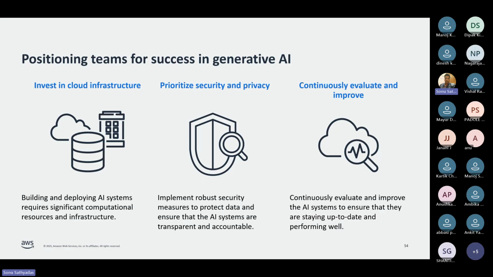Positioning teams for success in generative AI also means investing in infrastructure, because for building generative AI solutions, we need huge computational power. For example, for fine tuning these models, we need GPU or NPU based systems. GPU based systems are very costly and it is very difficult to implement them in on-premise environments.